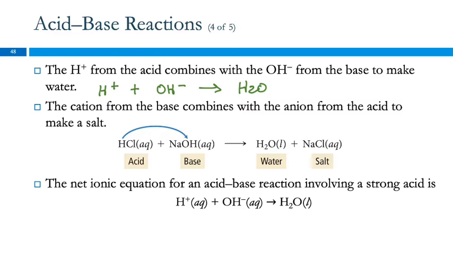So when an acid reacts with a base, here we have an acid HCl, and here we have the base, NaOH. The hydrogen ion from the acid reacts with the hydroxide ion from the base to make water, and then we have these guys left. And really what this is, it's the same kind of reaction that we saw with the precipitation, where we look at the ions that are formed and we swap partners.